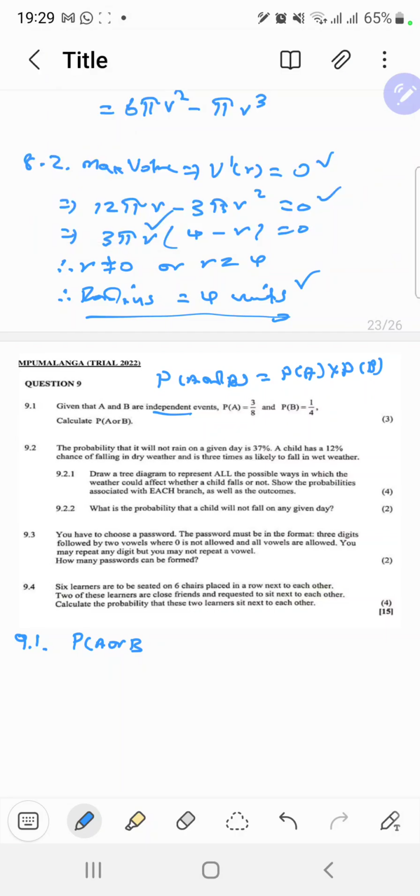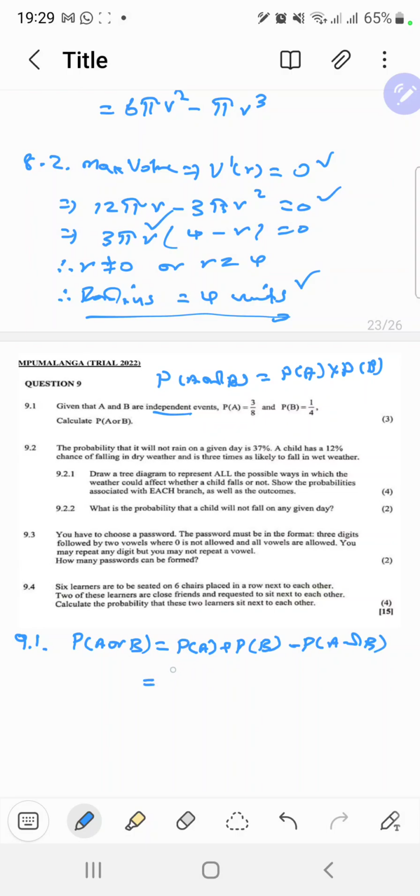All right, guys, let's get to it. So now this is going to be equal to, of course, using the addition rule, P of A plus P of B minus P of A and B. Okay, so this is sorted.